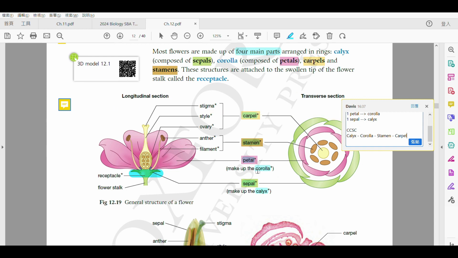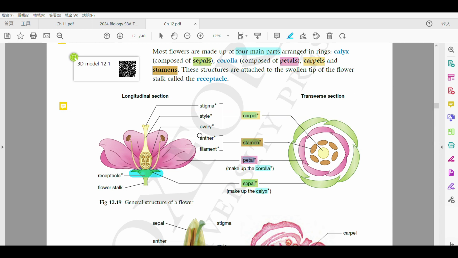After we talk about the outer structure of the flower, we're going to talk about the male and female reproductive system. When we talk about the male stamen, it's made of two parts. One of them is the anther. The other one is the filament. Read them: anther, filament.